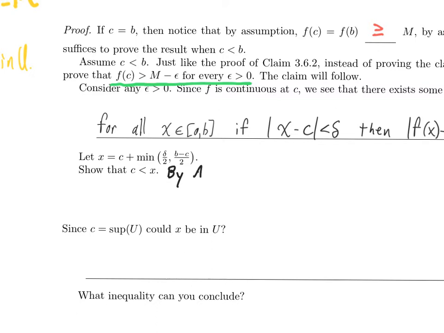By assumption, delta is bigger than 0, so delta over 2 is bigger than 0.